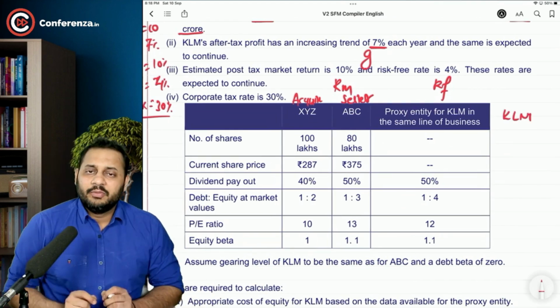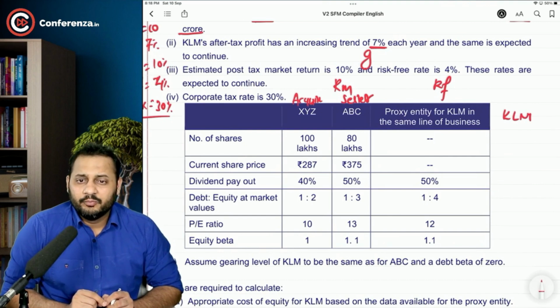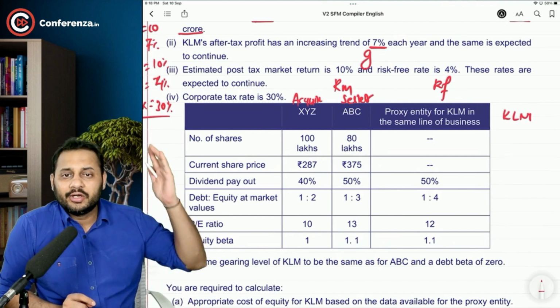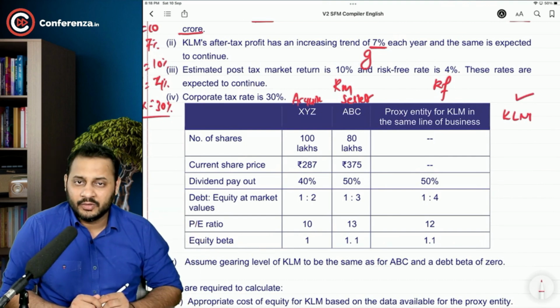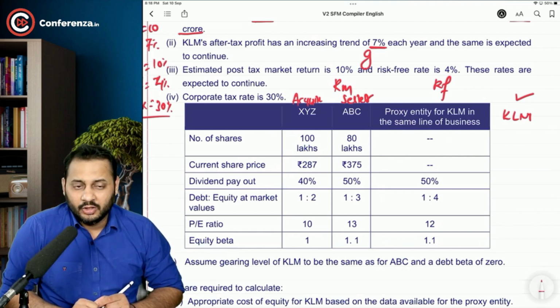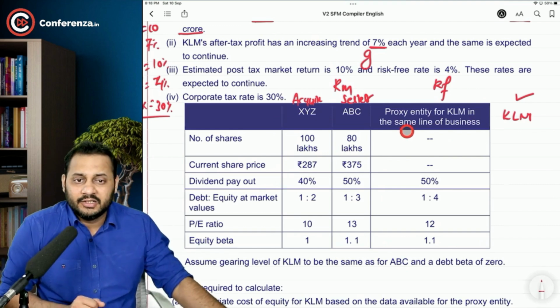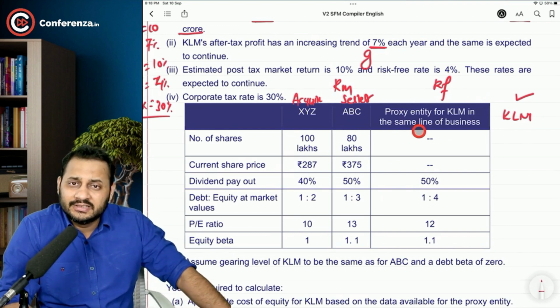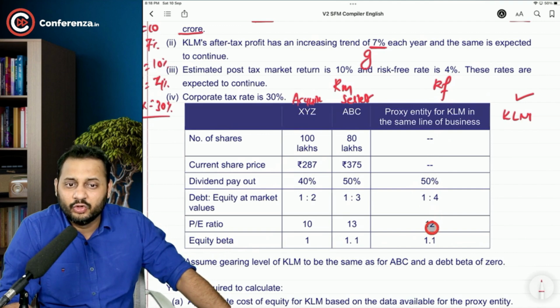Why will this question be a little difficult for you? Because we need the data to calculate the value of KLM, but KLM's direct data is not given. Okay, instead a similar company's data is given. This company, the proxy entity: the dividend payout ratio of the proxy is 50%, debt to equity is 1:4, PE ratio is 12, and the equity beta is 1.1.